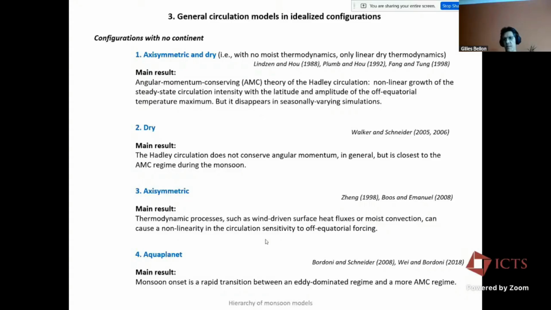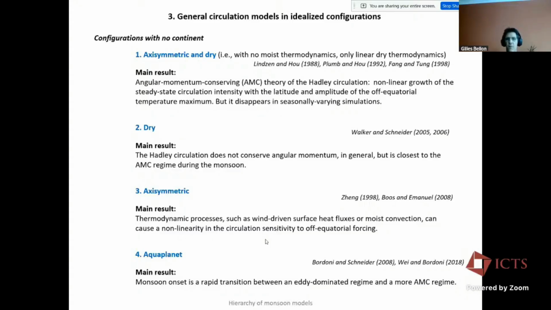Although there is some time necessary to adjust to equilibrium. So when you look at equilibrium circulation, it seems to be the case. It's less clear when you have just a seasonally varying equilibrium temperature or heating.